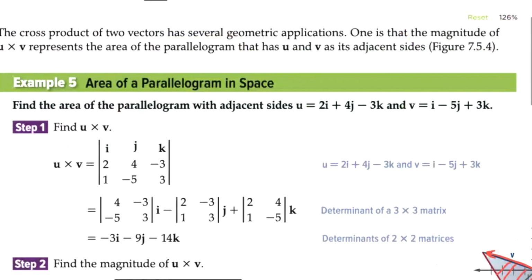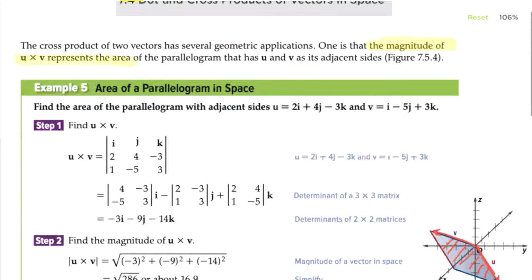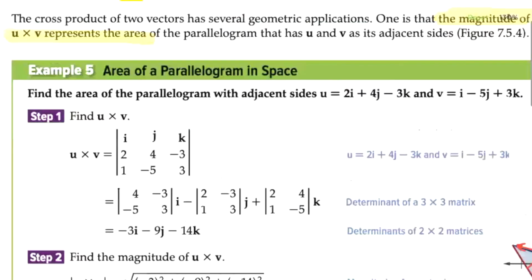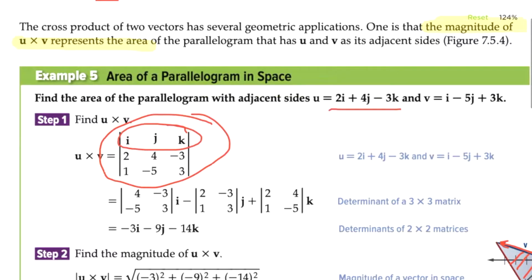We just do this matrix. You take the determinant, and always put i, j, and k in order: i first, j second, k third.